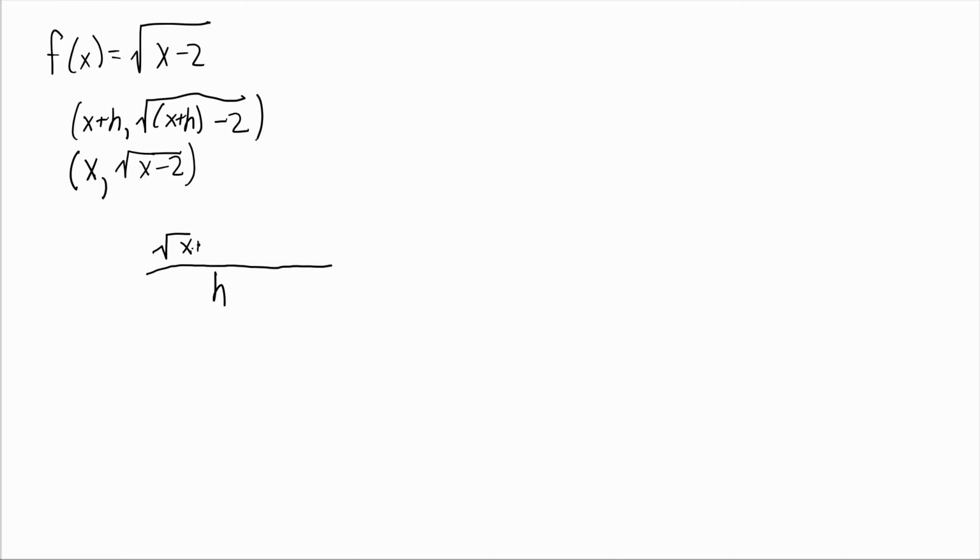Square root of the quantity x plus h minus 2, minus the square root of x minus 2. Now if you compare the different fractions that you get using the a strategy, we don't have an extra thing to add inside under the square root, but we have an extra thing down below.